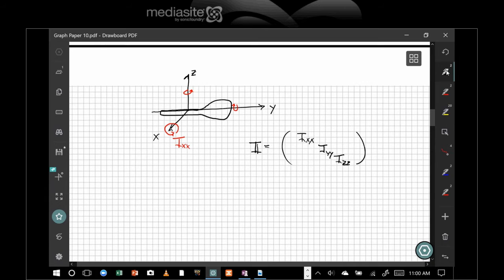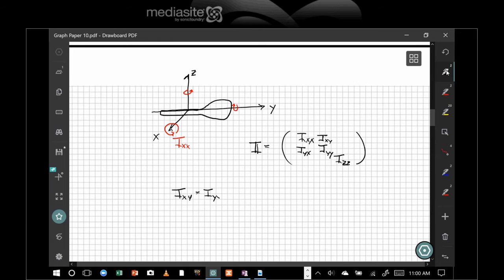Now, because of symmetry, I have these other elements. For example, I have element Ixy, and then here I have element Iyx. Those are going to be equal to each other because of symmetry, and you can see that easily from the expression.